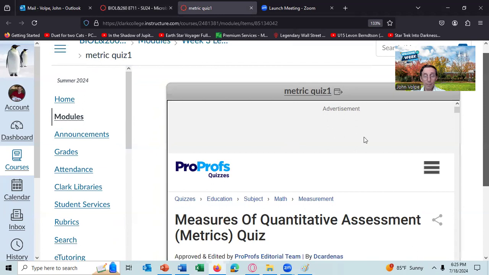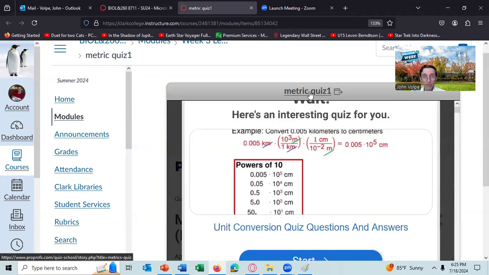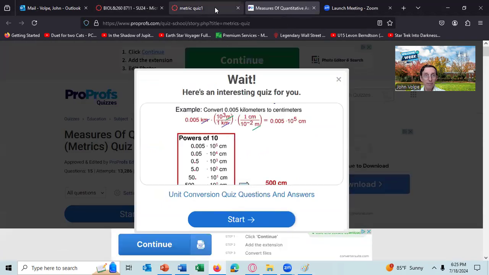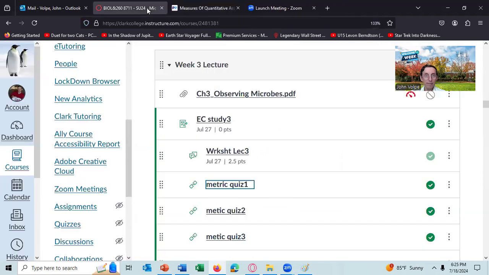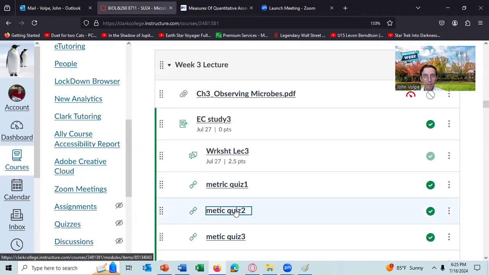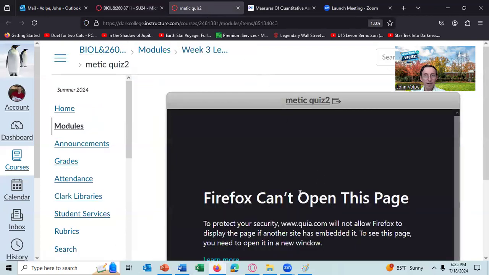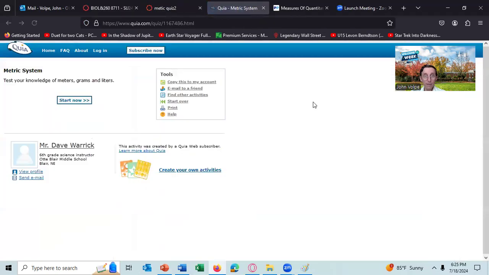It's opening a web page outside of Canvas, and so that will not work in Canvas. What you need to do is click on this link here, and then it'll open it in a separate tab. Let me go ahead and close that down because that's surprising that worked partly. Normally, you see something where it says Firefox can't open this page. And what you do is you just click on this link there, and then you can open it.